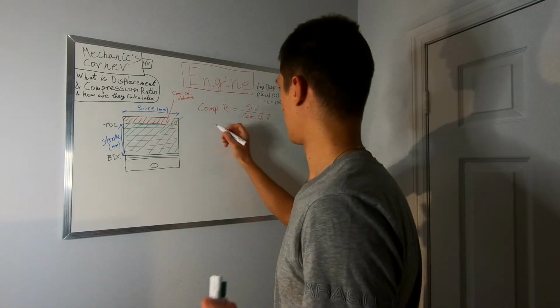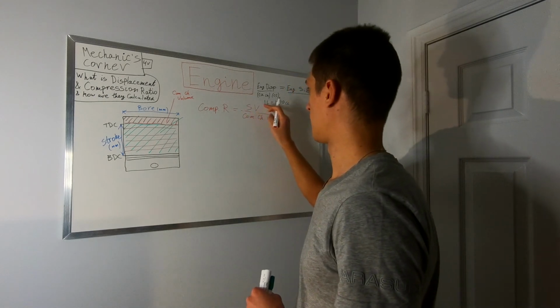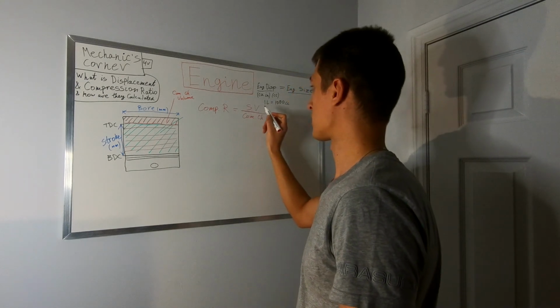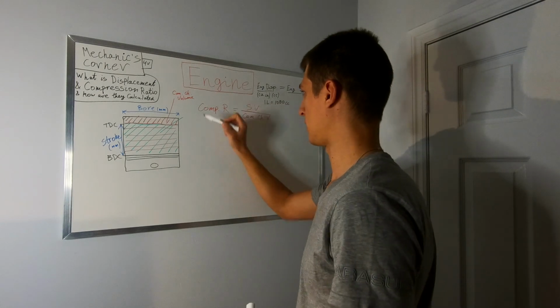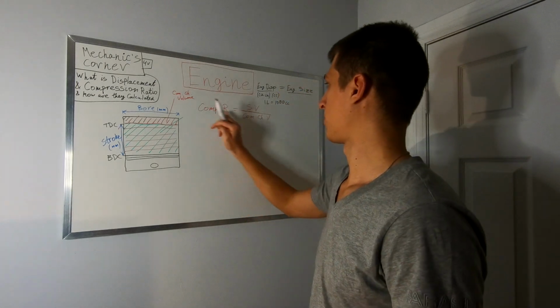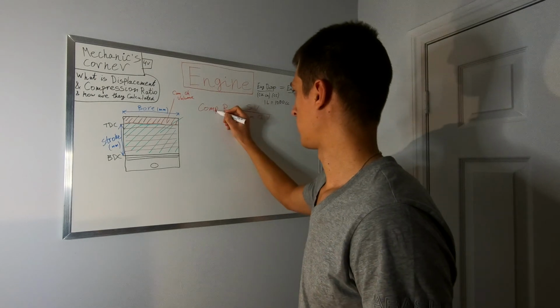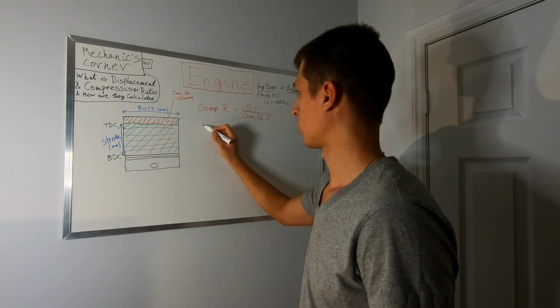Because the swept volume is the largest number in this equation, we can just flip these two, and this way we'll be able to find out the compression chamber volume.